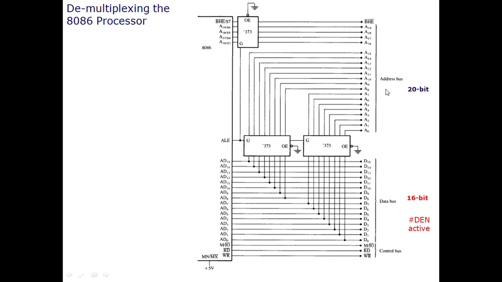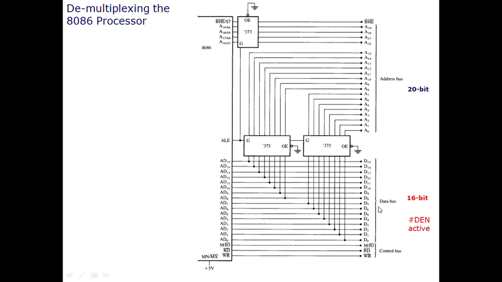Soon after the address is sent and passed on to the address bus through these latches, the multiplexed pins here and here are now available for sending the status signals and also for sending the data bits, which are connected to the data bus here.